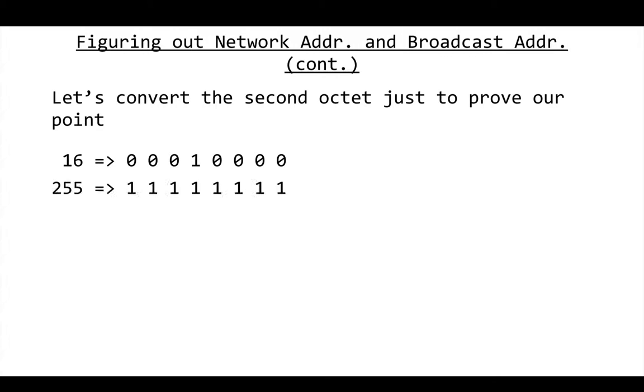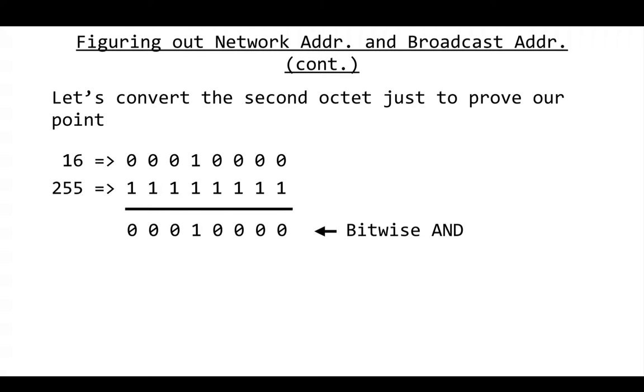In the subnet mask, we have 255, which is every bit set to 1. Then we do a bitwise AND. Again, you can either apply the truth table or just remember that if you AND anything with a 1, you get what you started with. So 0 and 1 is going to be 0, a 1 and a 1 is going to be a 1, for example. After we do this bitwise AND, we get this binary value.